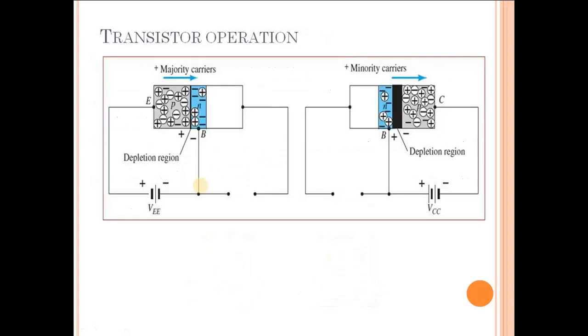So in order to demonstrate the transistor operation, I have an option to choose a PNP BJT or an NPN BJT. In my case, I am choosing the PNP BJT, and I could have easily chosen an NPN BJT to do a similar demonstration.